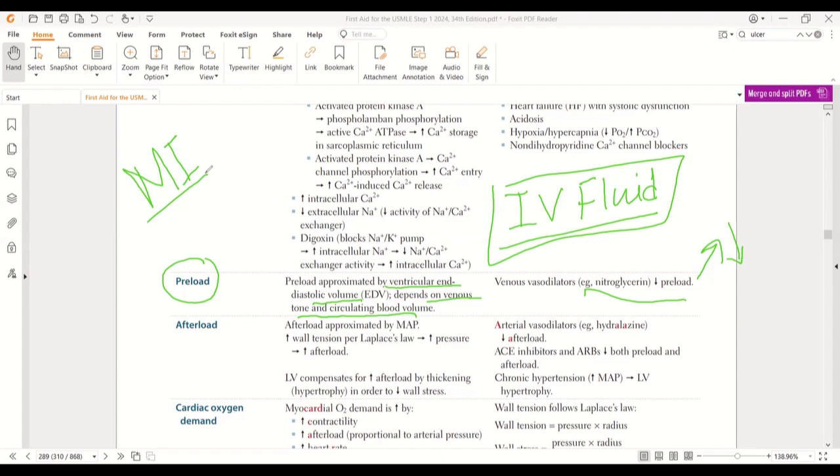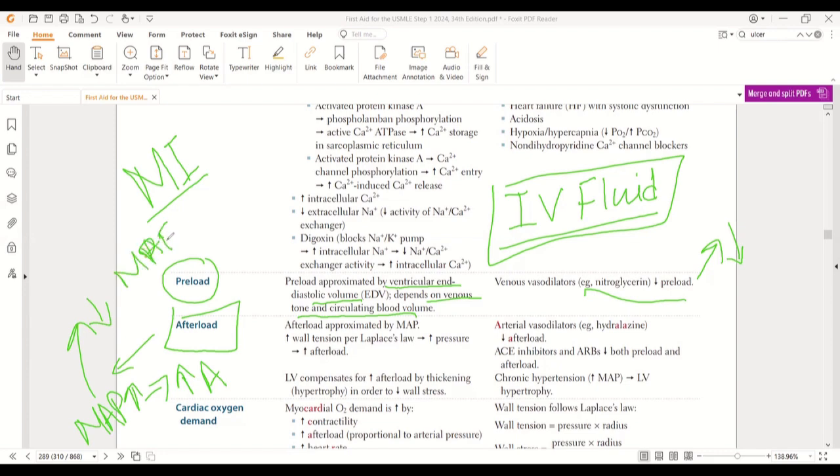If there is decreased mean arterial pressure, it means afterload is decreased. It's a simple thing.